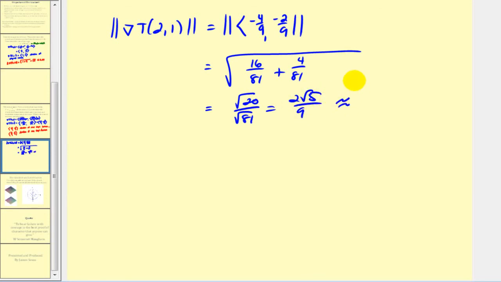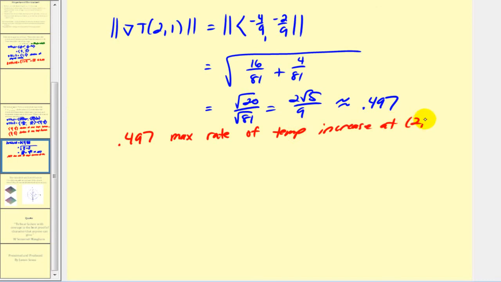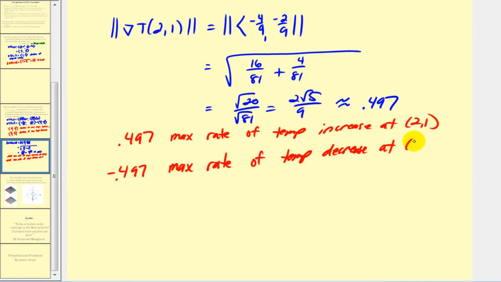Let's go ahead and get a decimal approximation for that. It's approximately 0.497. So 0.497 is the maximum rate of temperature increase at the point 2,1. And that means that the opposite of this, or negative 0.497, is the maximum rate of temperature decrease at the point 2,1.